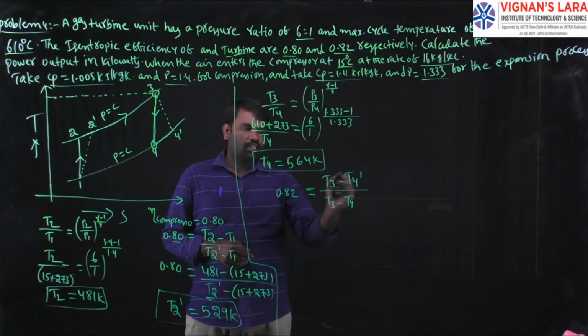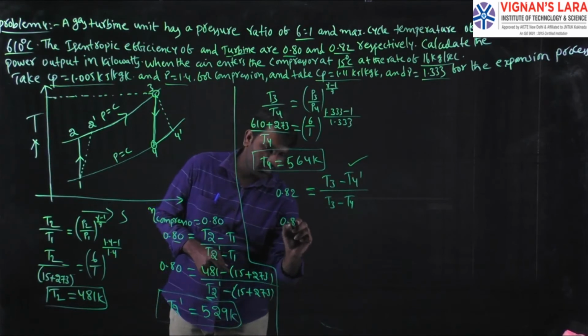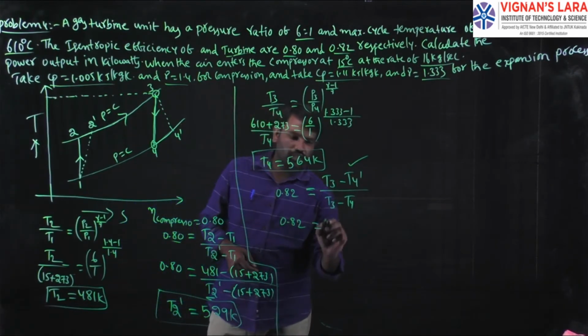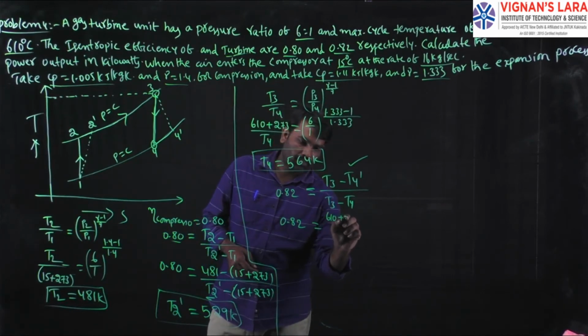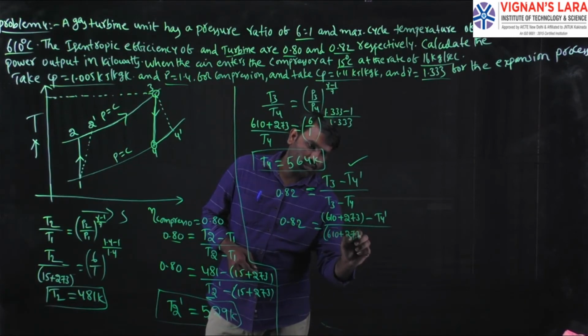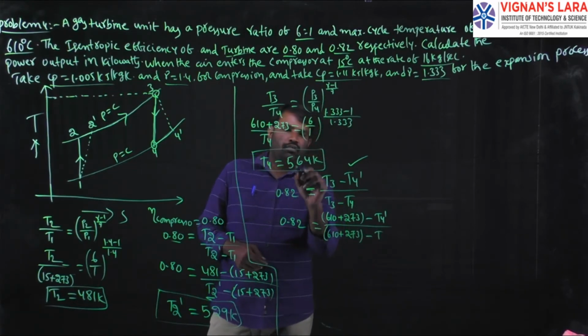In this relation we have to calculate T4 dash. 0.82 is equal to (T3 minus T4 dash) divided by (T3 minus T4). T3 value is given in the data, that is 610 plus 273, and T4 value is 564.